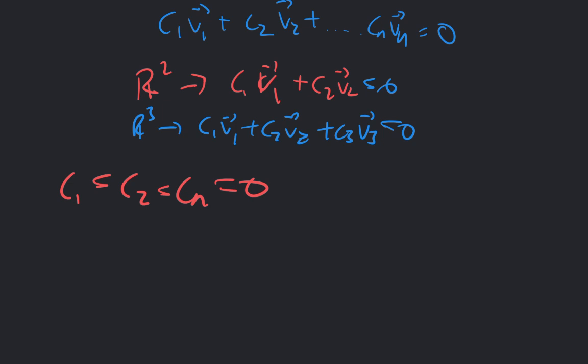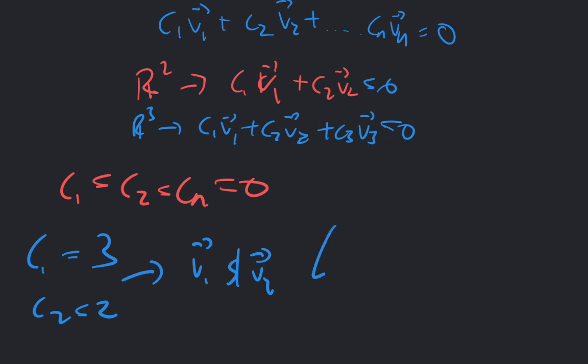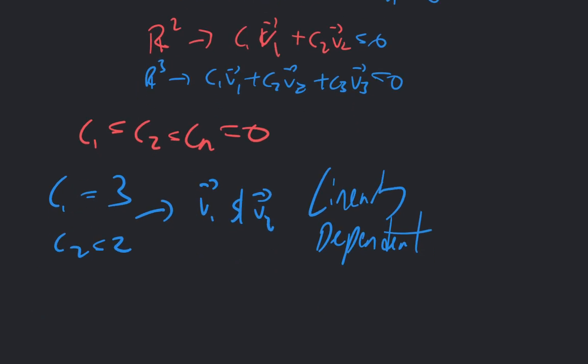If there is a solution where C1 and C2 are maybe not equal to each other, but equal to some constant, then V1 and V2 are linearly dependent, because then they're just combinations of each other.